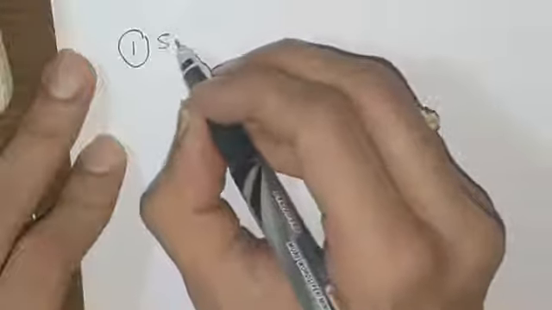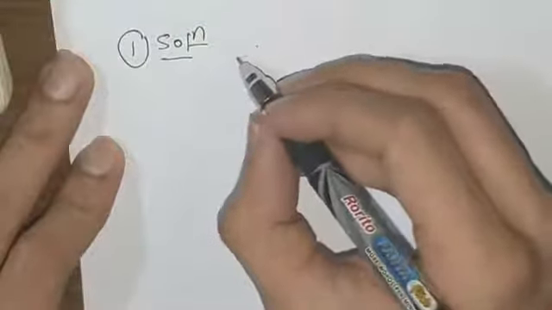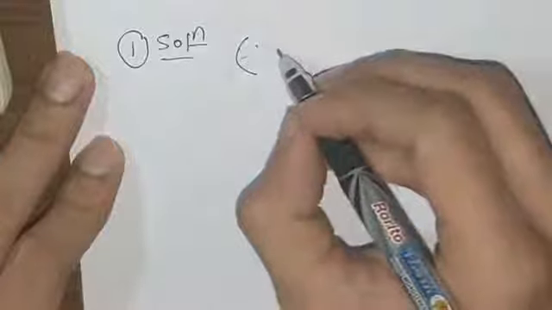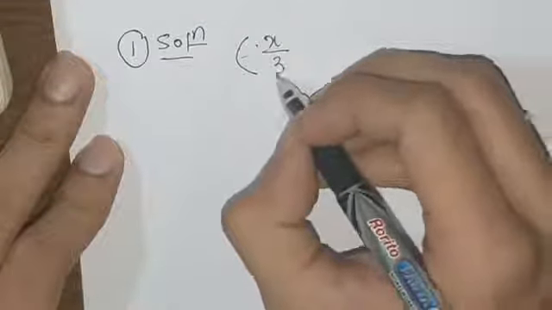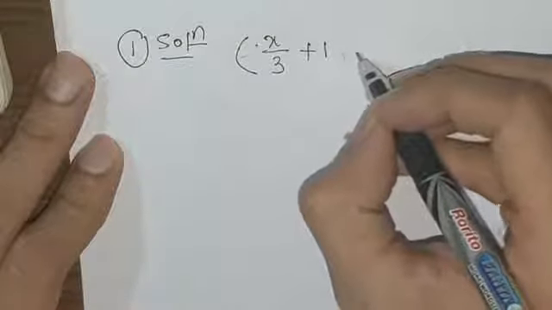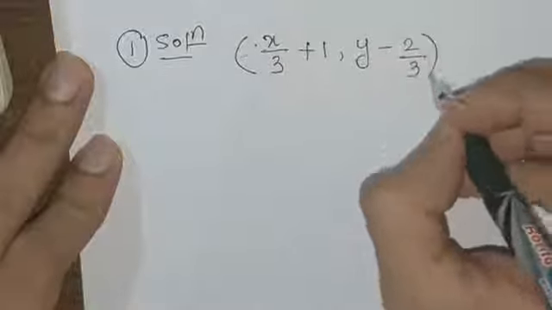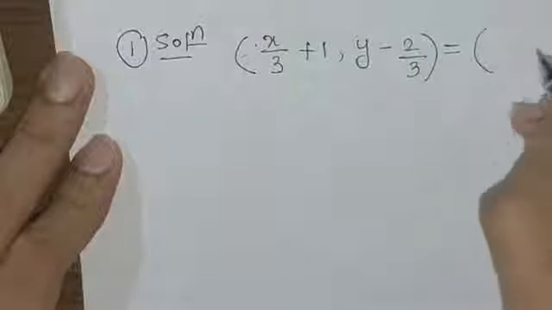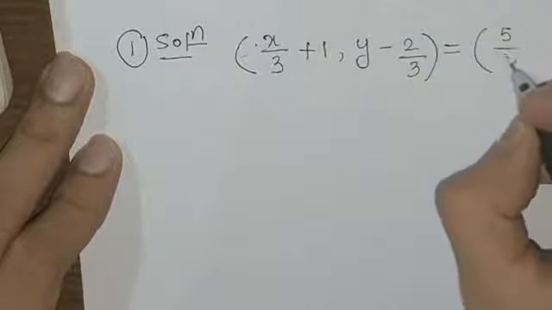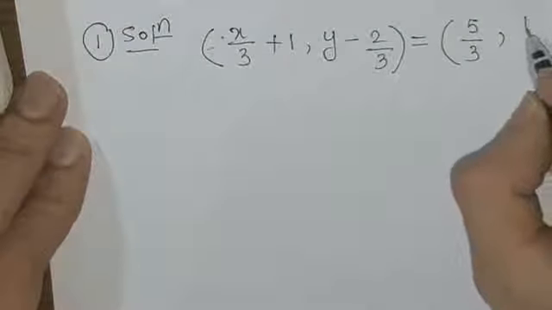First problem. (x/3 + 1, y - 2/3) is equal to (5/3, 1/3).